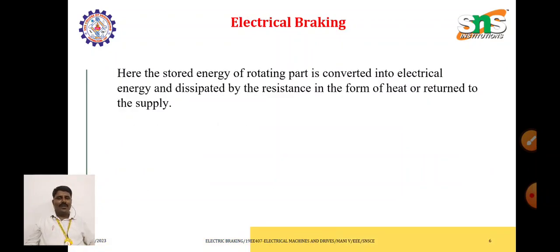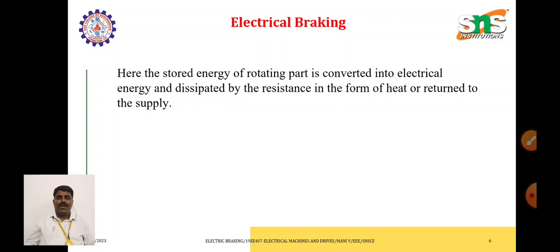So next one, electrical braking. In mechanical braking, the amount of energy stored in a brake drum is converted into heat, which is waste. But in electrical braking, the energy stored in a drum is converted into electrical energy.